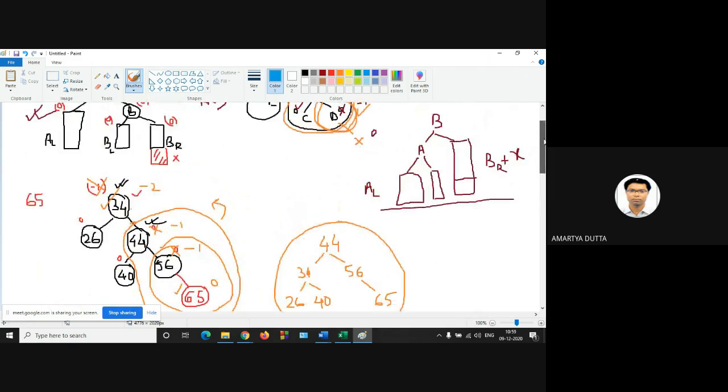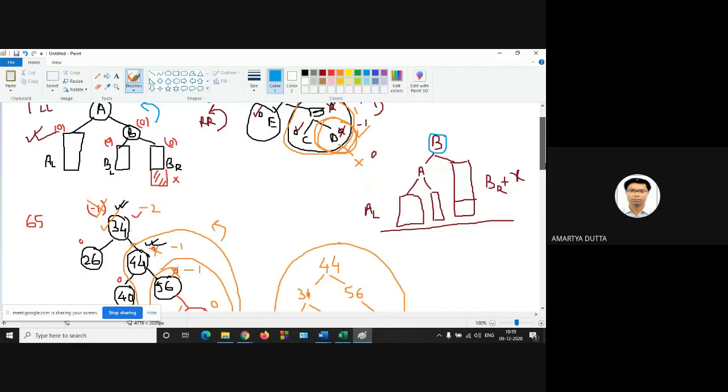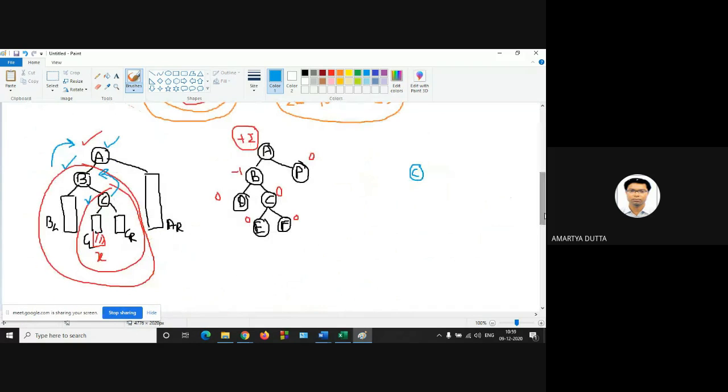In case of LL, the rotation is clockwise. In case of RR, it is anti-clockwise. So here we take an anti-clockwise move, and that's why B is in the root.